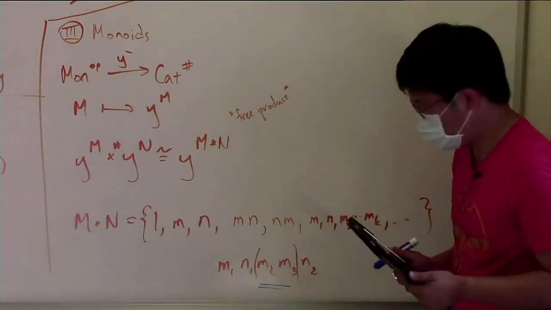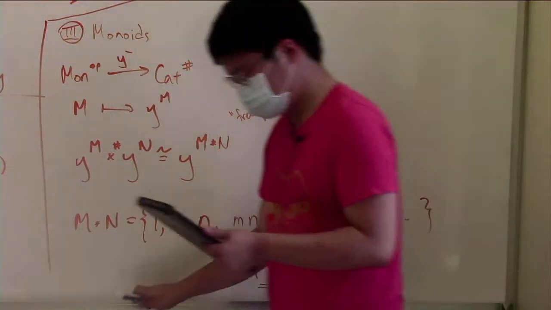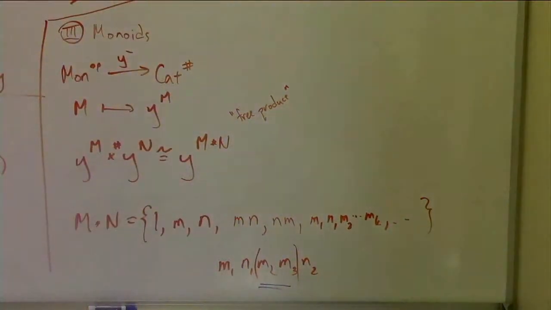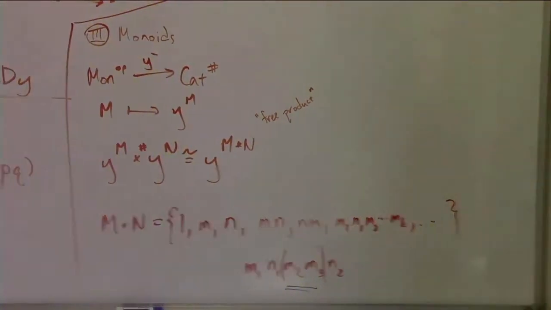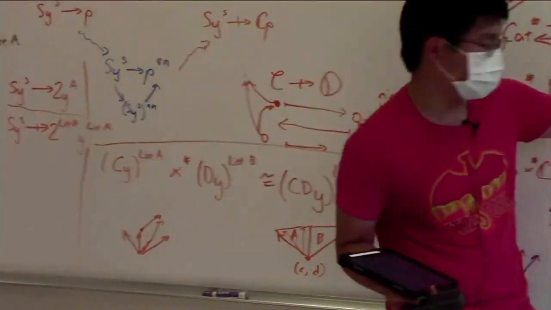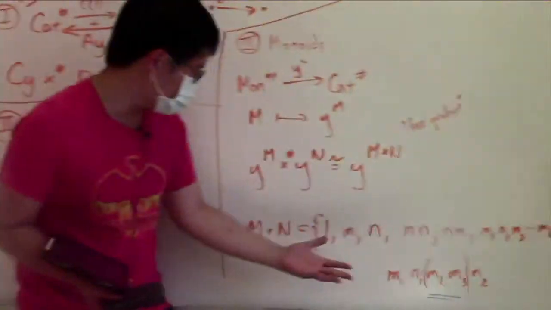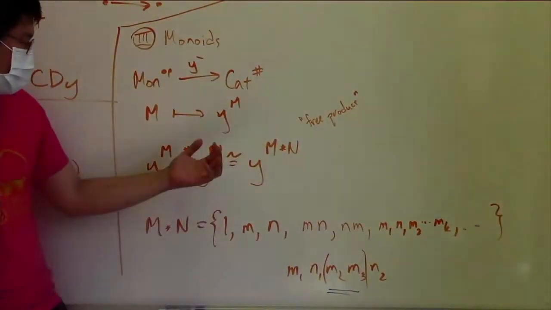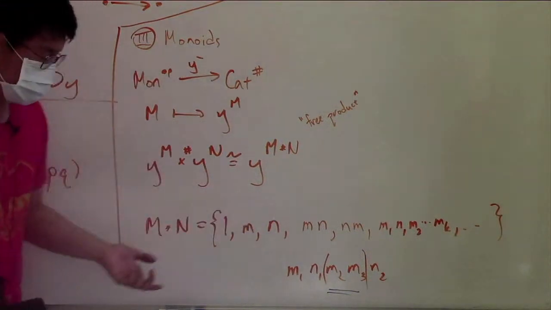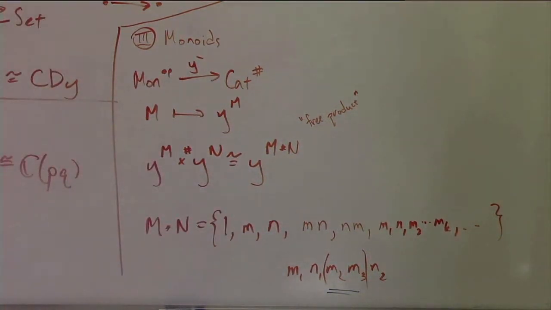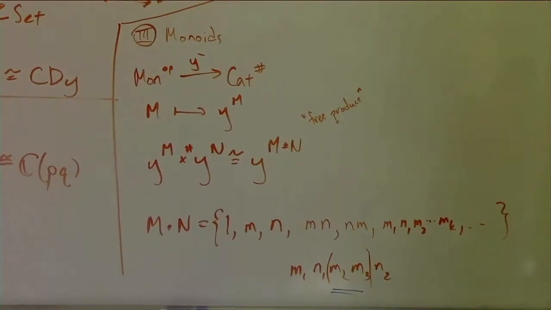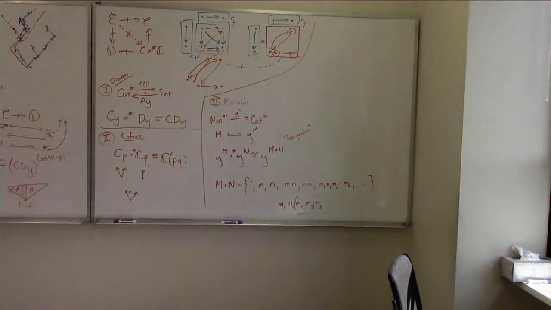Okay, because this idea is going to come back up again in general. Our general case of products in Cat sharp is a generalization of this when we also have a bunch of different objects, when we don't just have one object. And I'm going to give you two different ways to interpret these.